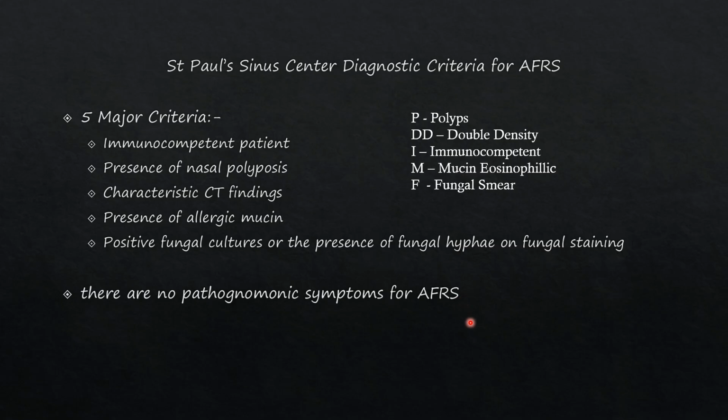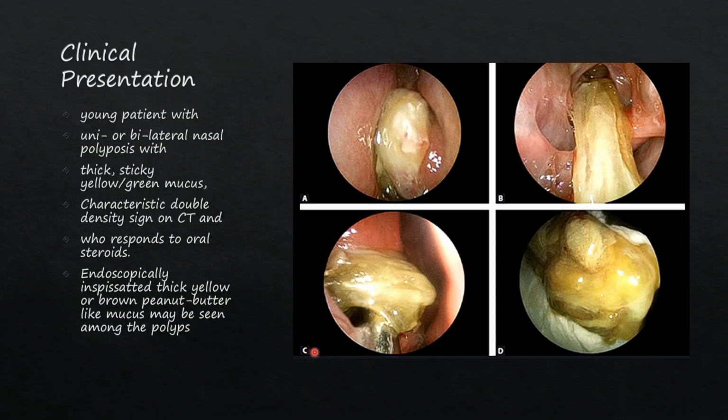But you can't say that okay, this symptom is present in this patient, so then that patient has AFRS. There are no pathognomonic symptoms, except there is a very strong linkage between this allergic mucin and AFRS. So in a young patient with unilateral or bilateral nasal polyposis, the patient will have thick, sticky yellow-green mucus, which you can see here.